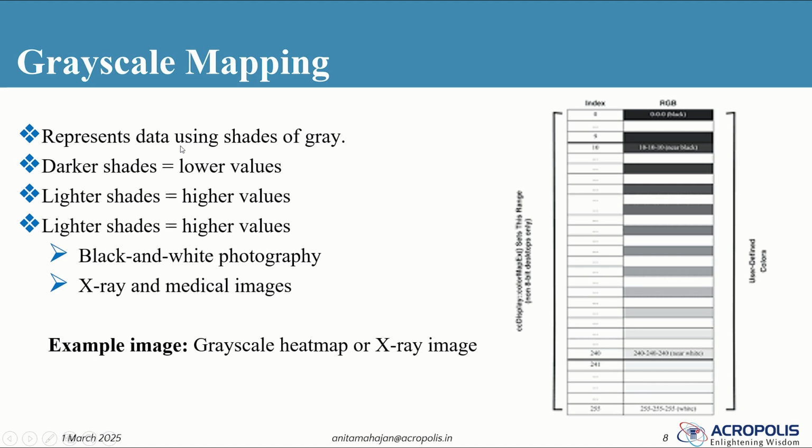The lower values are usually darker, closer to black, and the higher values are lighter, towards white. As you can see in the diagrams, the lighter shades mean higher values and the darker shades mean lower values. You see this in X-ray images and black and white photography. It is simple but effective, especially when color isn't necessary.